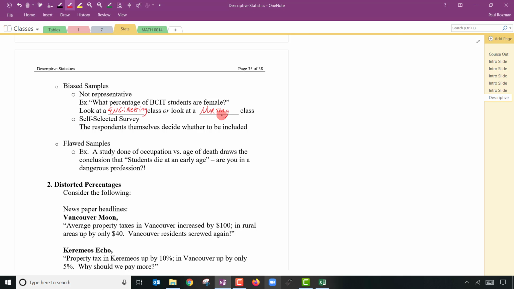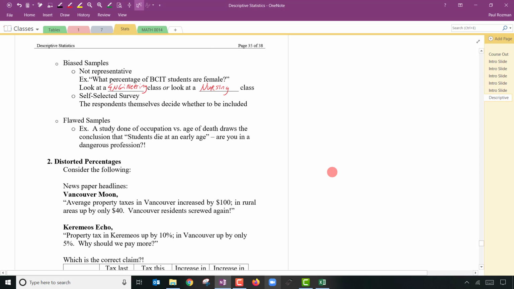Again, it's kind of exaggerated. Nobody would go to that extreme, but you get what I'm going for here. You want to make sure you represent BCIT well, so you wouldn't want to just look at day school students. You'd have to consider the part-time and the night school.